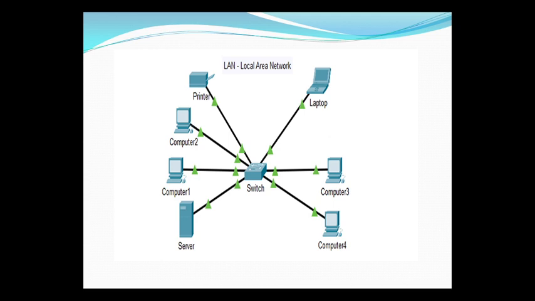LANs are widely used to allow resources to be shared between personal computers or workstations. The resources to be shared can be hardware like a printer, or software or data. A common example of LAN is found in many business organizations.